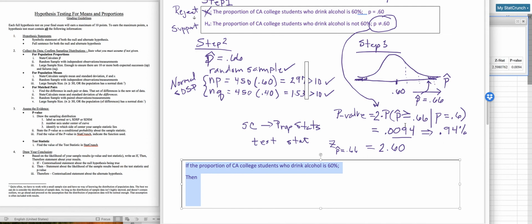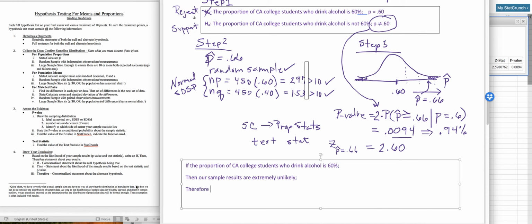So remember, our very tiny p-value and our z-score telling us our p-hat is far from center, both of those things let us know that our sample results are extremely unlikely. So I might just write, then our sample results are extremely unlikely.